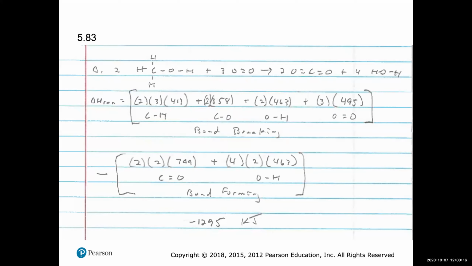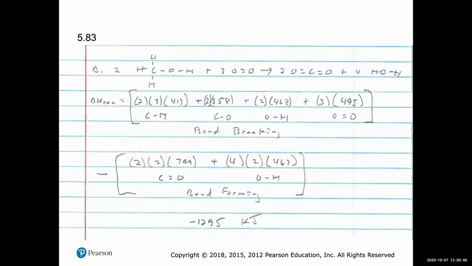What else do we have in that molecule? We also have a CO bond. We have 2 moles of the molecule, so there's our 2. Then we have only one of those bonds, and then 358 is the bond energy for CO. So that math covers the CO. The final type of bond we have in this first molecule is an OH bond.